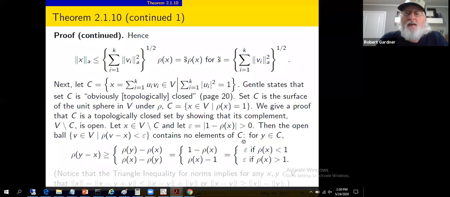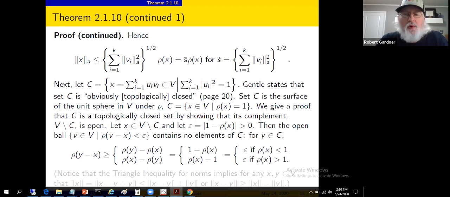All right, consider the open ball of all vectors V such that rho of V minus X is less than epsilon. Now with these norms, you're thinking about using them as distances, as a metric, and we'll actually do that more explicitly before this section's over.